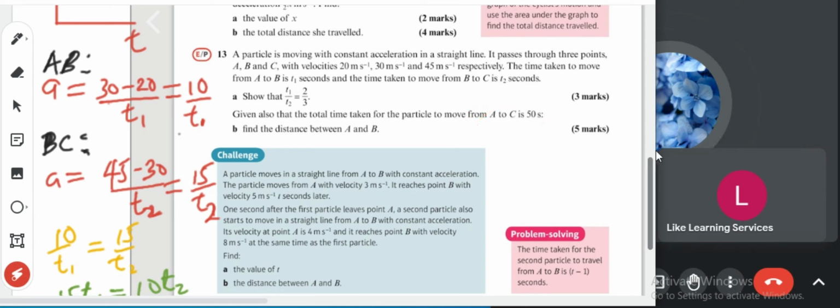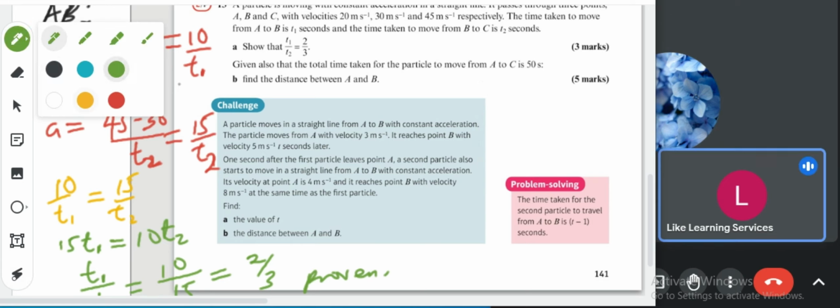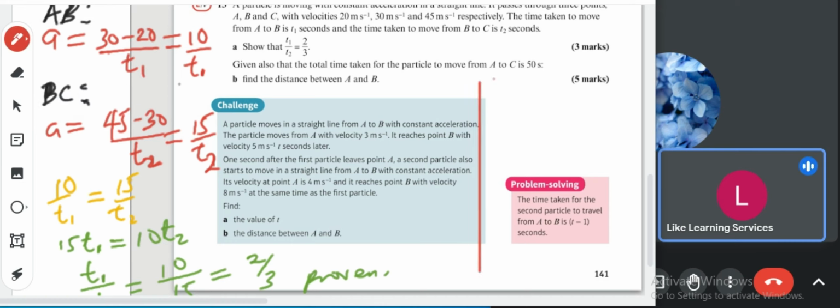That is T1 plus T2 is equal to 50. So we can obtain another equation, T1 plus T2 is equal to 50. So you can make T1 the subject: T1 is equal to 50 minus T2.